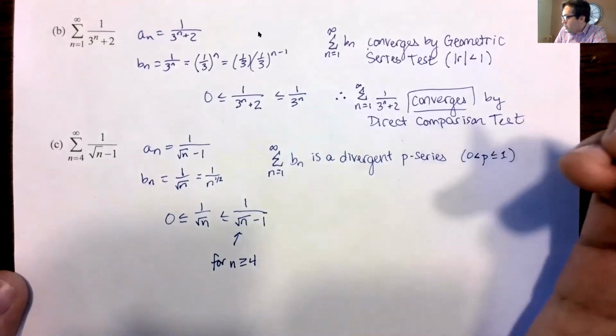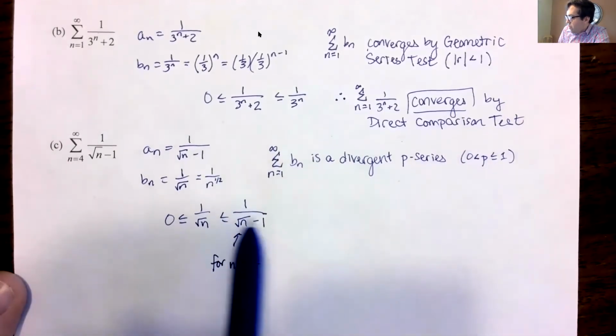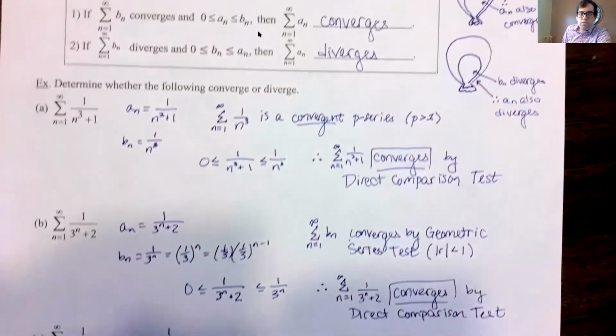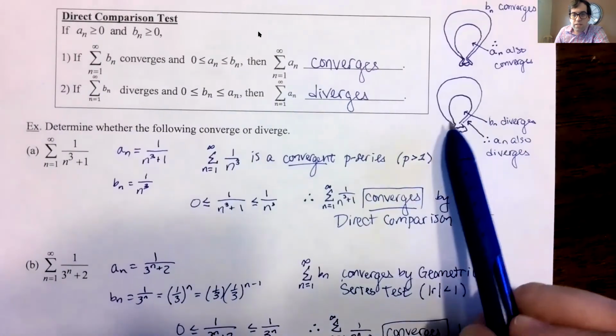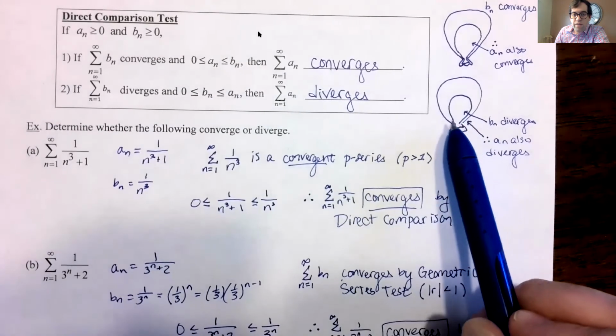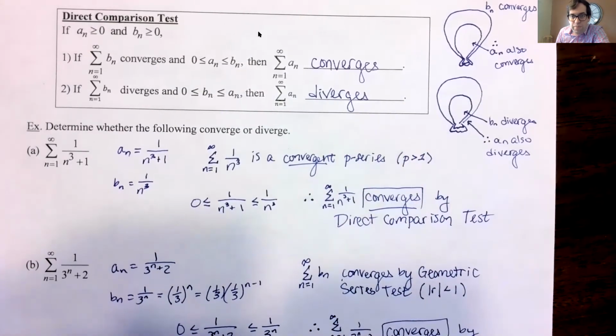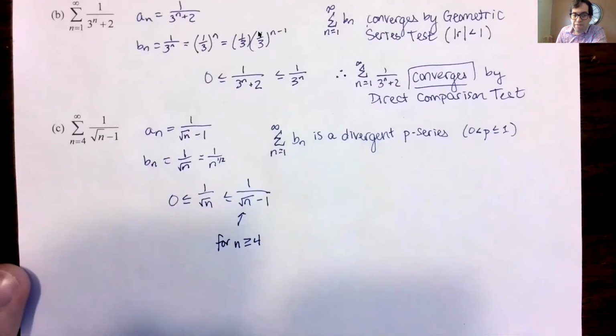Okay, so the point is that we knew that the b sub n, which is this one, diverges. So if we think back to our balloons, if this balloon is filled with an infinite amount of air, and now we have an even larger balloon, it has to be infinite, right? It can't have a finite sum.